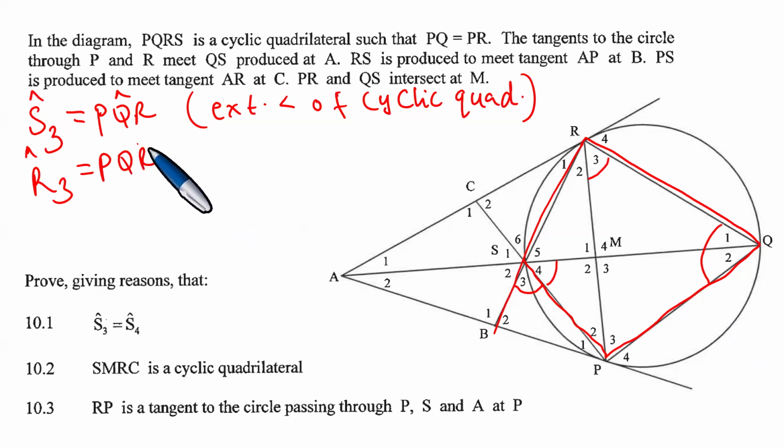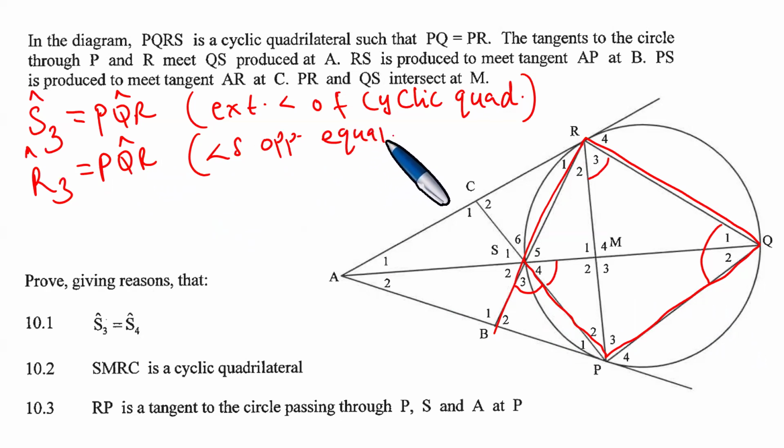It is the case because we have angles opposite equal sides. We remember that PQ equals PR. So if PQ equals PR, these are like base angles. So R3 equals PQR, angles opposite equal sides.